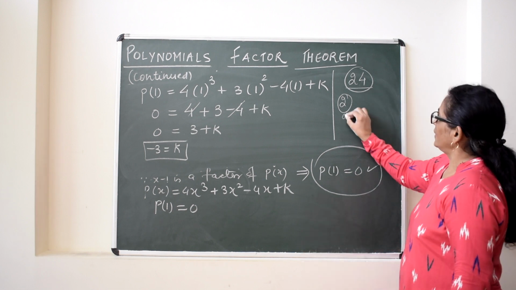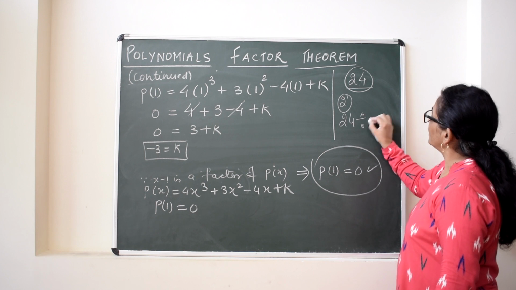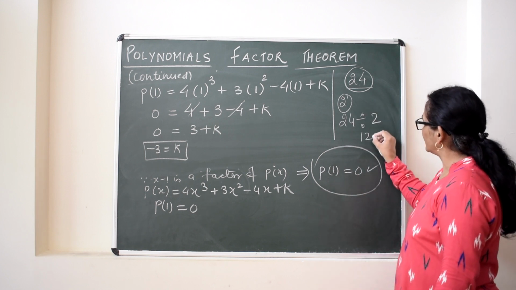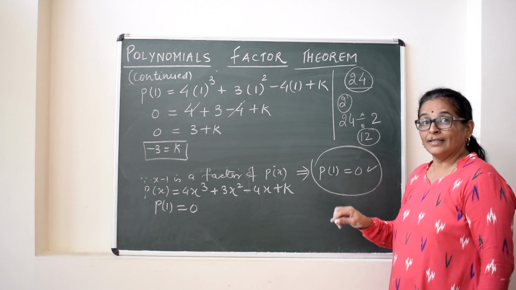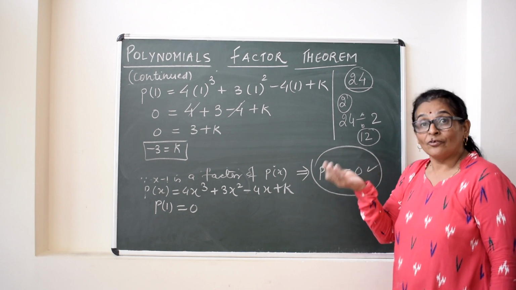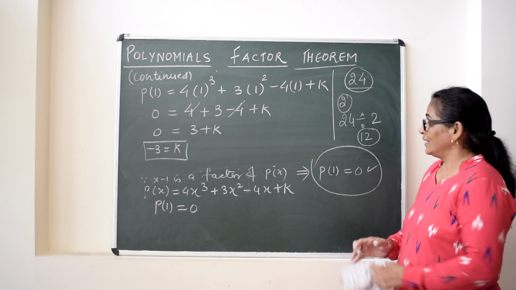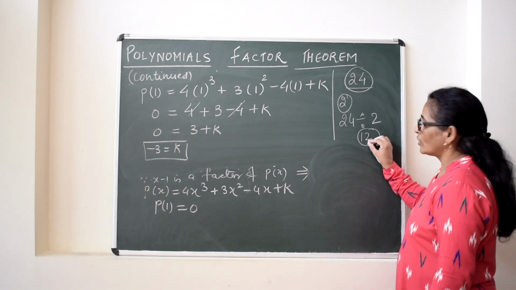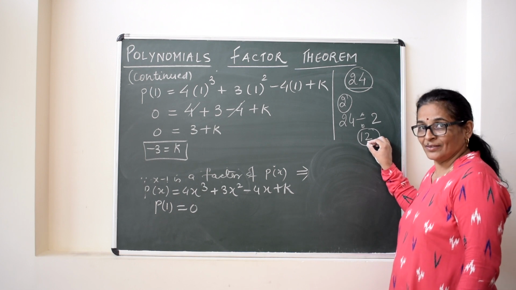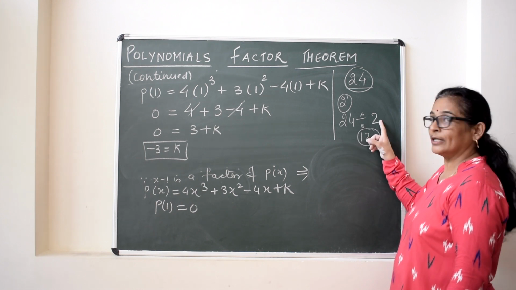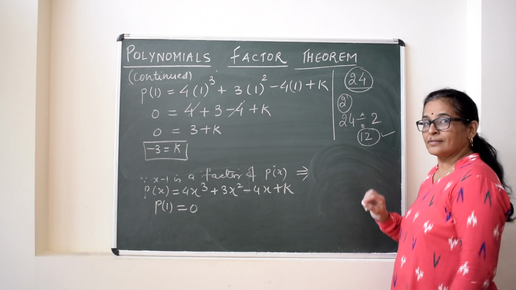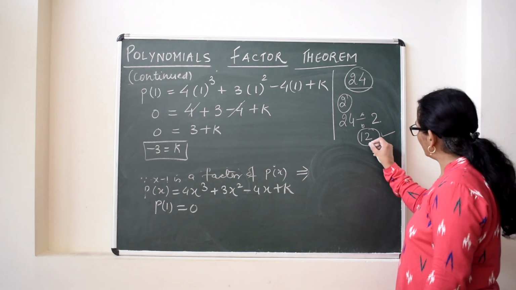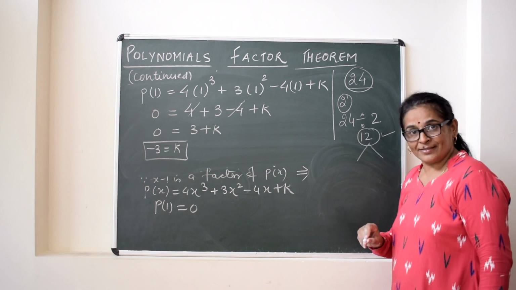We will simply divide this number by the known factor, and whatever we get as an answer will be the other factor. But if you notice, these are not the only two factors. When you divide this 24 by 2, you get the answer 12, which is actually the quotient, but further it can be factorized.